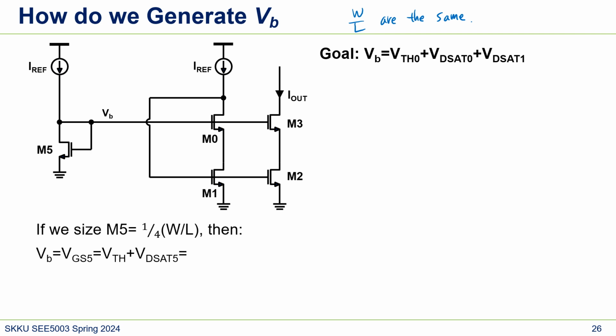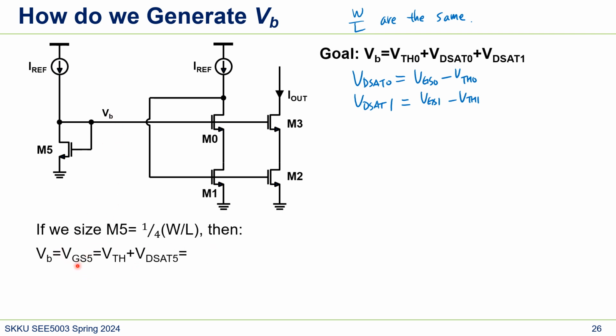And then here, to make it clear, VDSAT0 means VGS0 minus VTH0. And VDSAT1 is VGS1 minus VTH1. Interestingly, if we set the size of M5 as 1/4 W/L, then we got some value here.